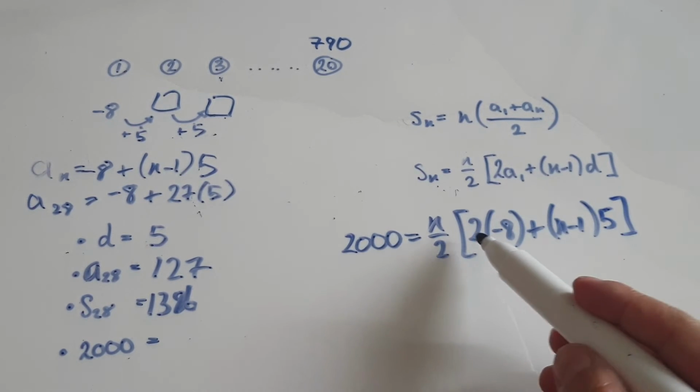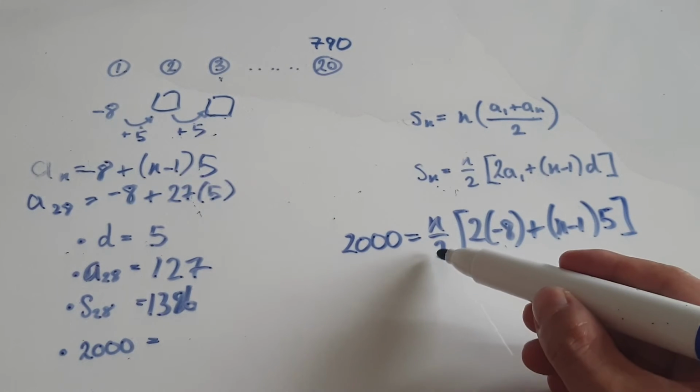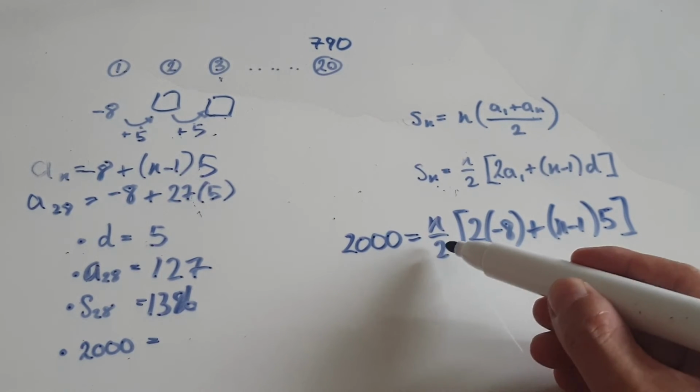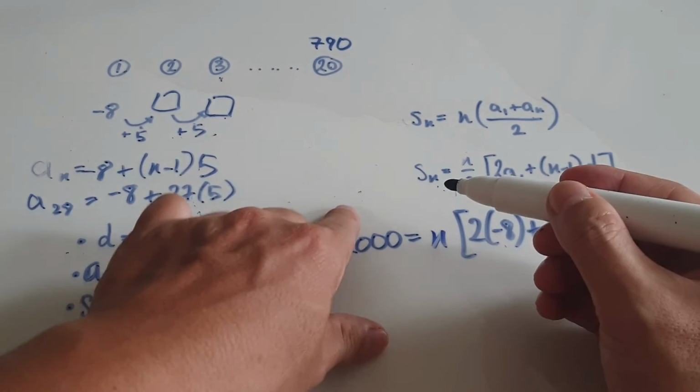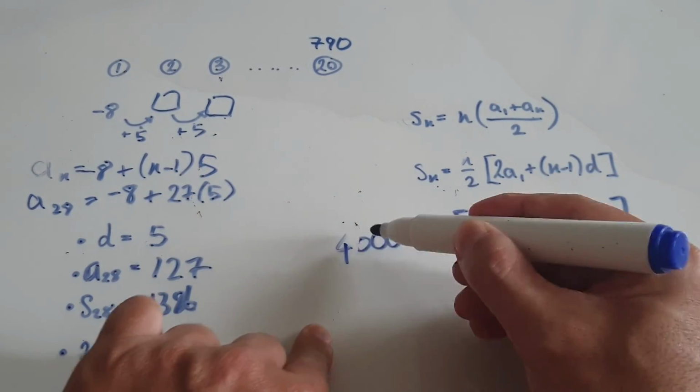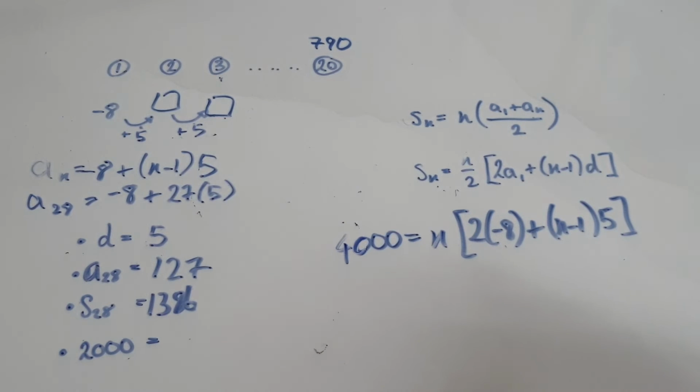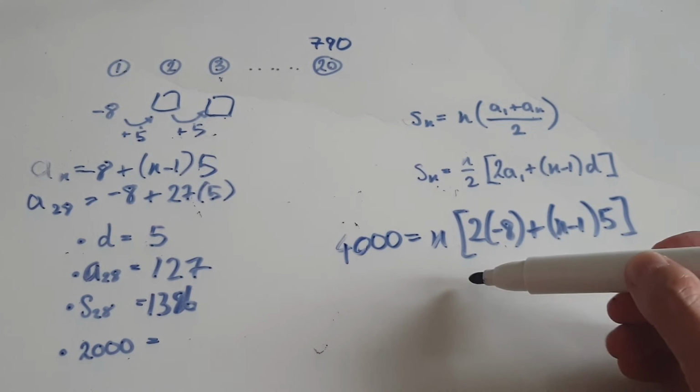So now it's just a matter of working out n. Times both sides by 2, that will then give us 4000.